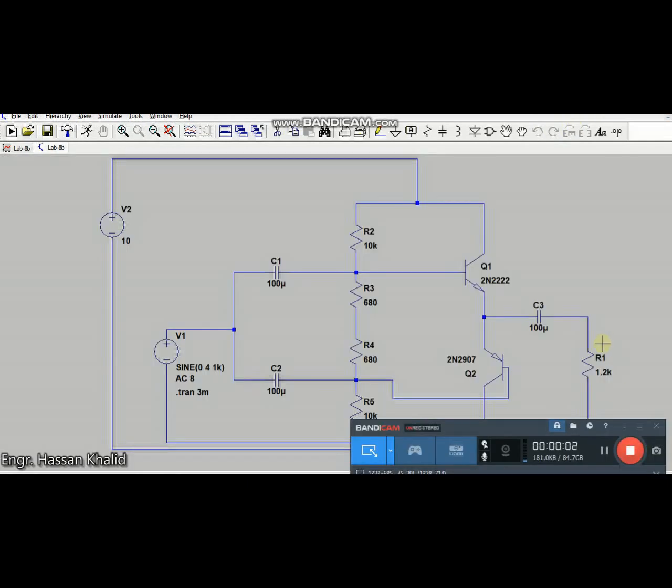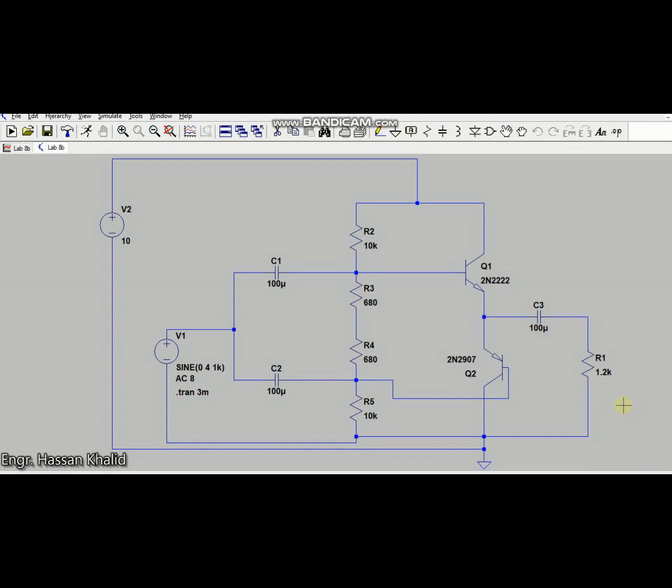So this was today's tutorial. We have clearly demonstrated the class B type amplifier using a single stage amplifier, and using the complementary symmetric form by utilizing NPN and PNP transistors of the same parameters, connecting them to form the push and pull configuration, in order to overcome the drawbacks that we faced in the conventional B type amplifier.